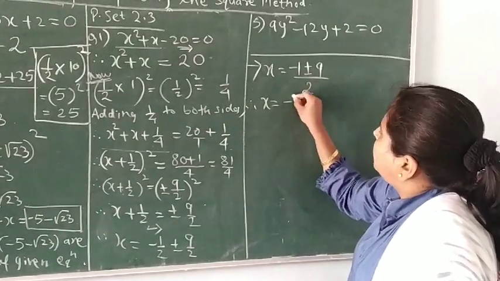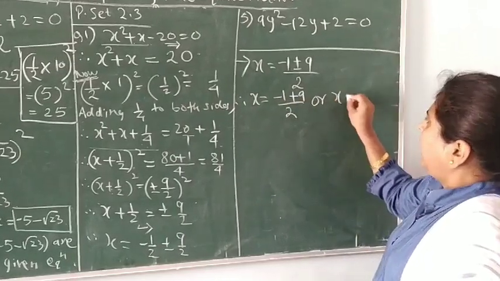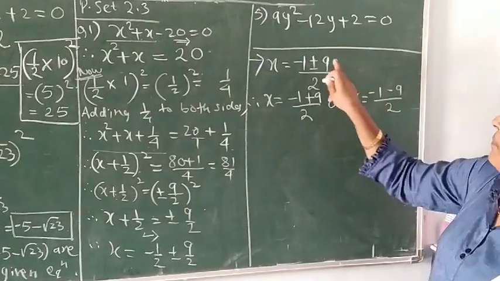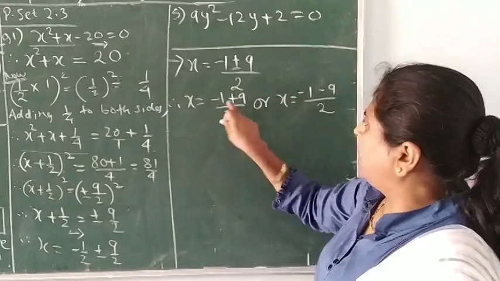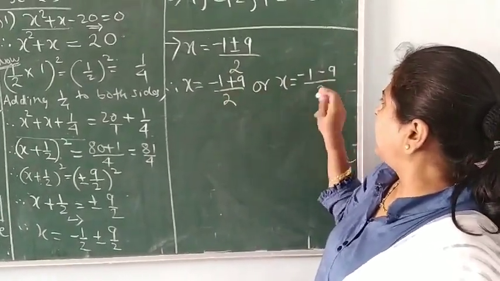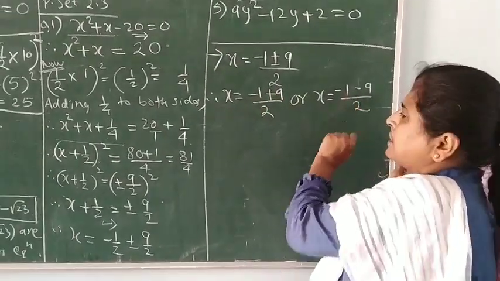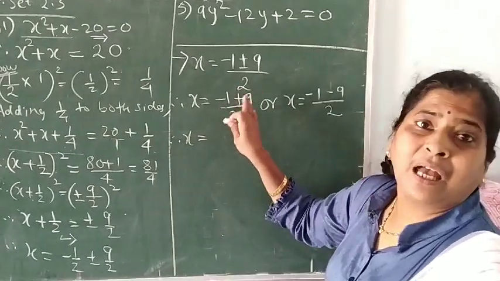So x is equal to either minus 1 plus 9 upon 2 or x is equal to minus 1 minus 9 upon 2. Here we have taken plus 9 and here we have taken minus 9, and 1 should be minus 1 only. As you are getting numbers which you can add or subtract, you have to simplify them. You cannot keep it as it is.